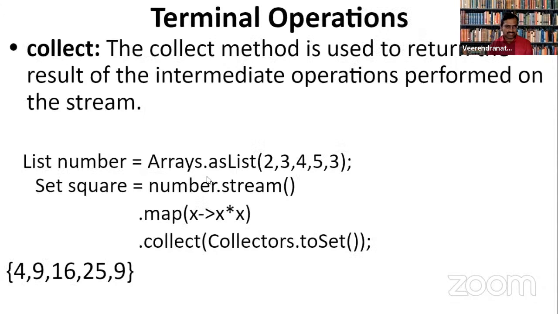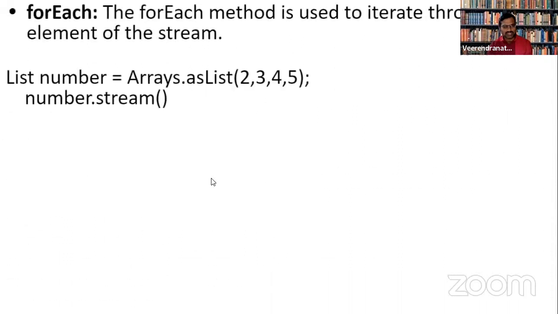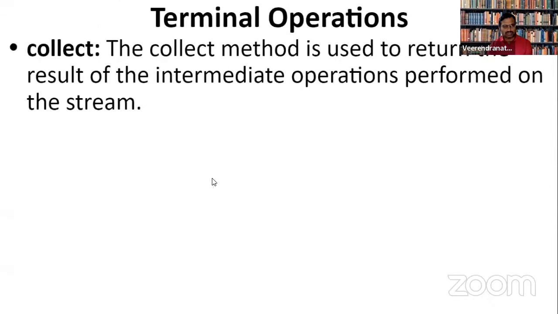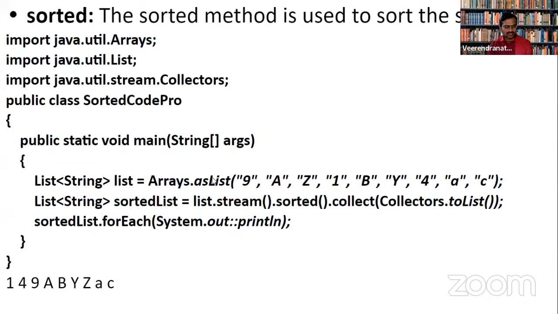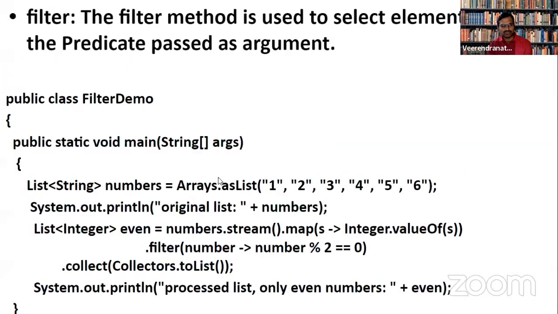So the three terminal operations we are talking about are collect, forEach and reduce. And before that, we also talked about sorted, which is an intermediate operation, along with our filter operation.